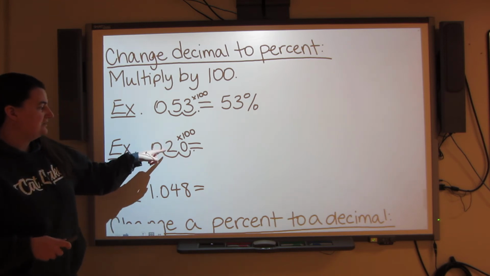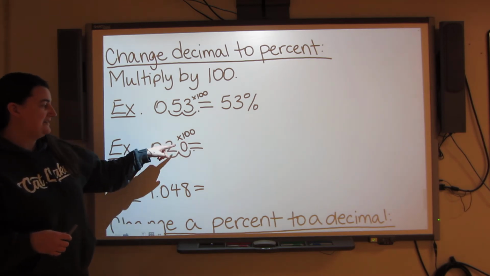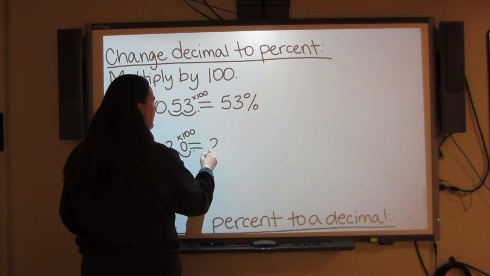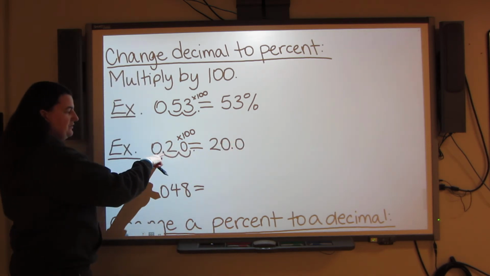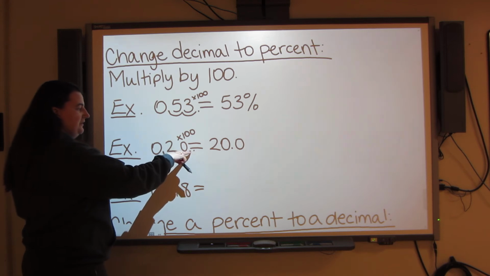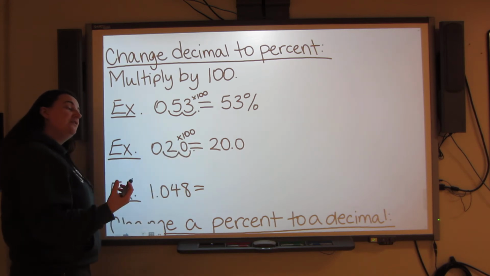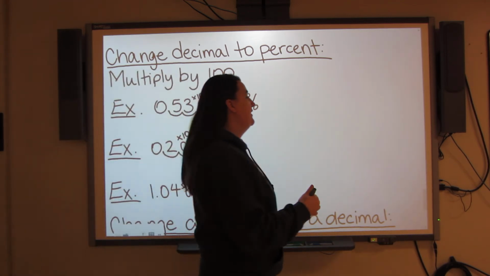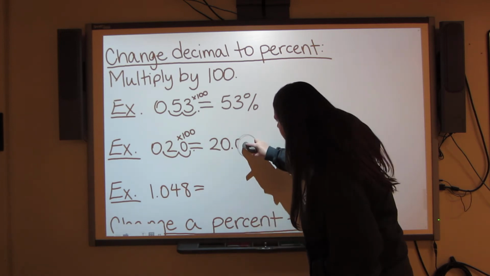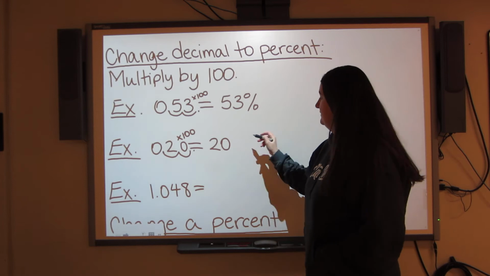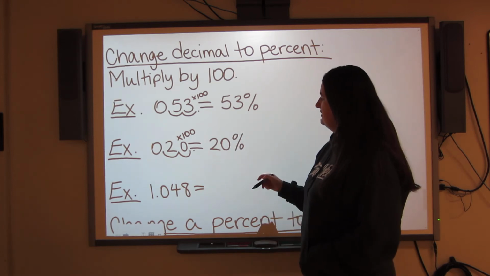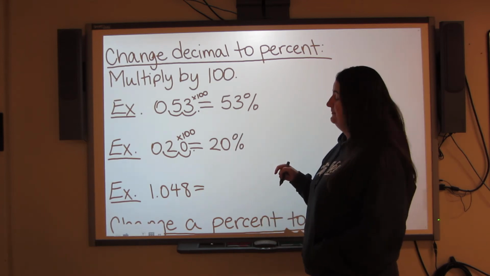So I don't have 2, I have 20. So you write your 20.0, which is where you moved that decimal over. But I don't need to include the 0.0 because there's nothing that comes after that decimal. So I'm good to just put my percent sign.